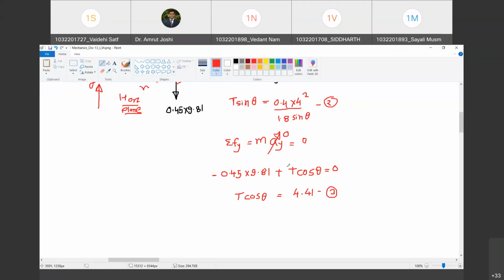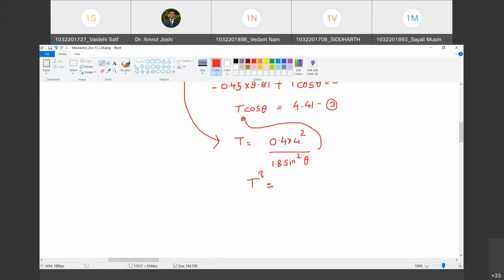Let me take sine theta on this side. So what do I get? I get T is equal to 0.4 into 4 square upon 1.8 sine square theta. Are you with me? This is from this equation. And now let me substitute this value back here.